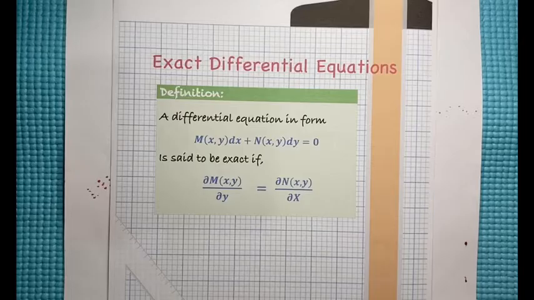If a given first order differential equation is in this form, wherein there is an M function of x and y multiplied with dx, plus an N function of x and y multiplied with dy, and that is equal to 0, such an equation is said to be exact if the partial derivative of the function M of x and y with respect to y is equal to the partial derivative of the N function of x and y with respect to x.